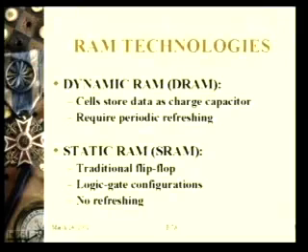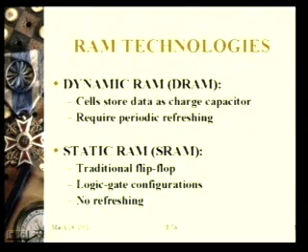Well, RAM technologies can be classified as dynamic RAM, which is called DRAM, where cells store data as charge on a capacitor. This technology requires periodic refreshing. If we don't want to deal with these two details, what we need to know is DRAMs are slower, however they are cheaper, and that's why you go for very huge DRAMs, and this is your main memory.